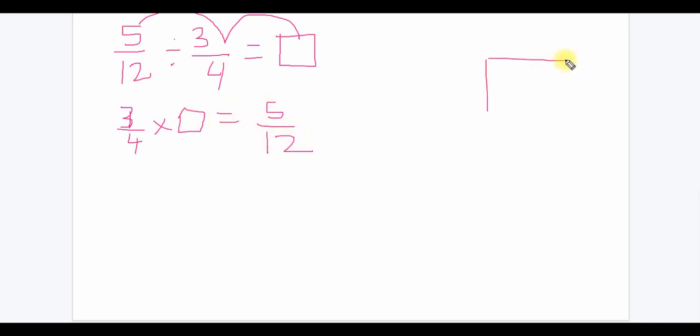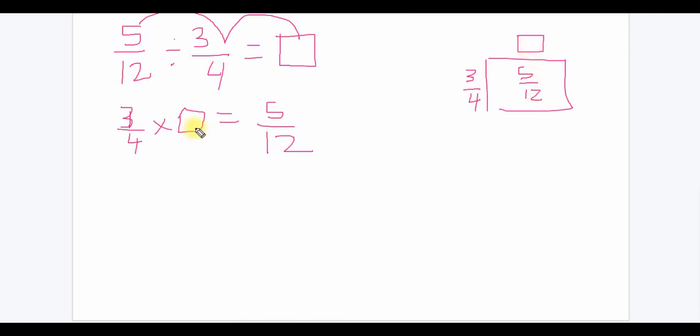Let's do the area model. The area is 5/12. Unknown factor is 3/4. We're looking for the unknown factor. Let's write 2 equations. 5/12 divided by 3/4 equals unknown factor, or 3/4 times unknown factor equals 5/12.